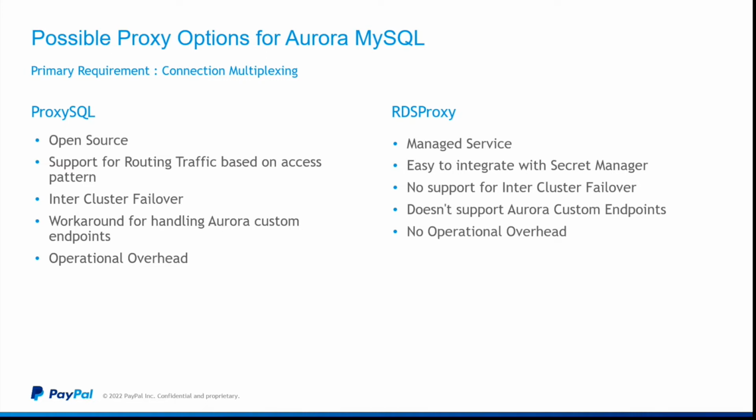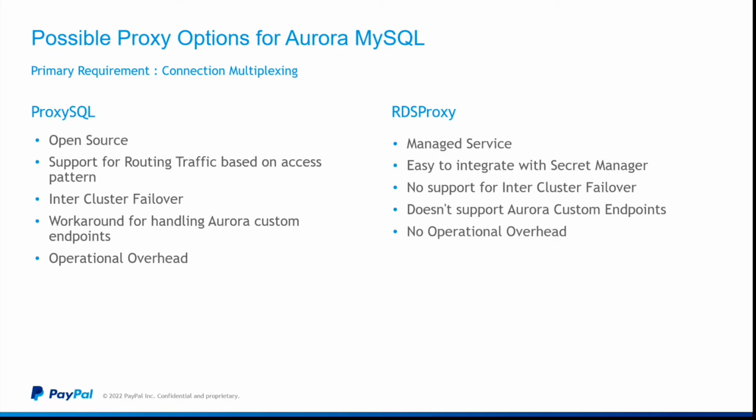There are two relevant solutions available for Aurora MySQL which are being used widely in the industry. One of them is ProxySQL, and as we are using Aurora and our infrastructure is on AWS, we also have an option of using RDS Proxy.